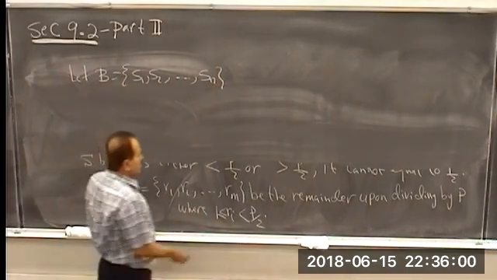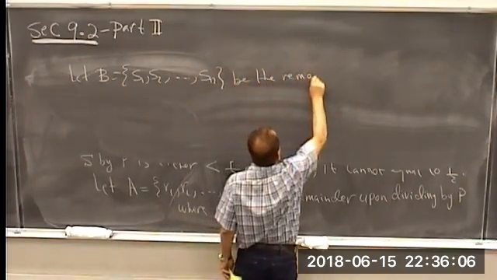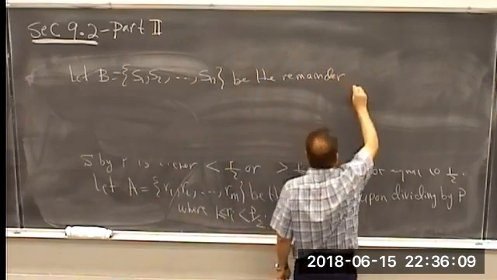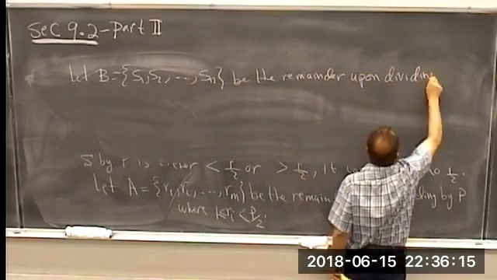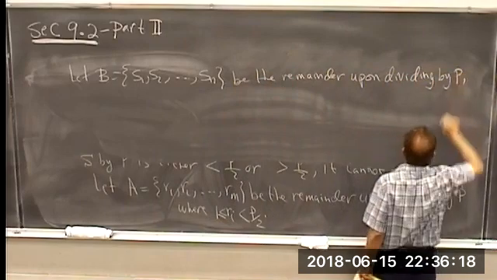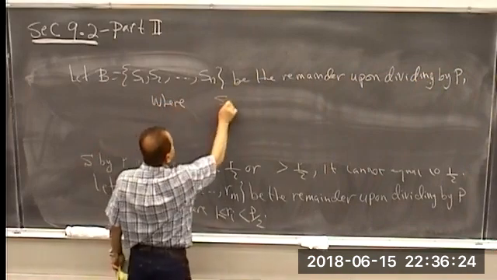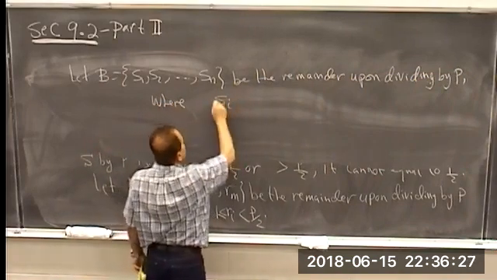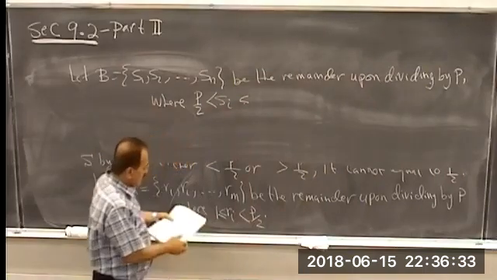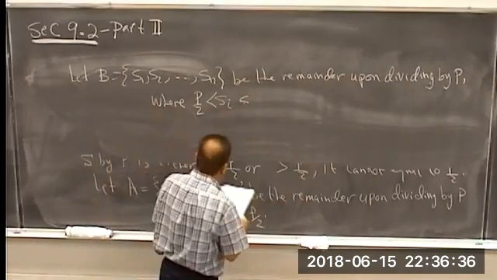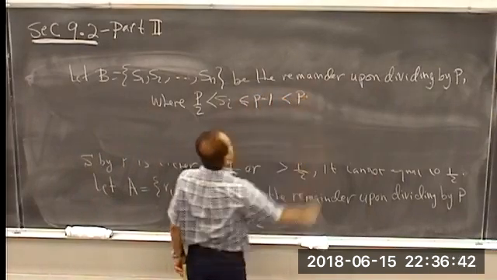So these are the set of remainders upon, again, dividing elements in S by p, where the Si's are bigger than p over 2, but they must be less than p, or at most p minus 1.